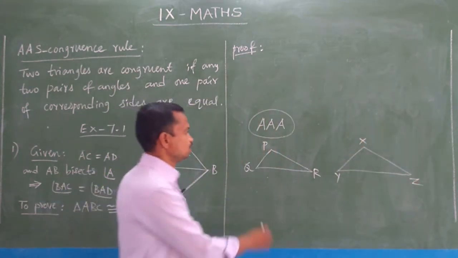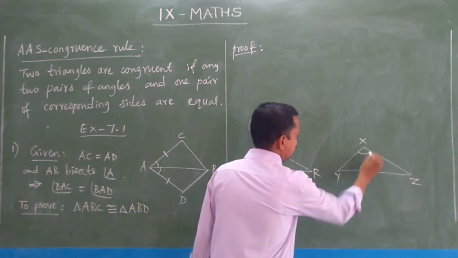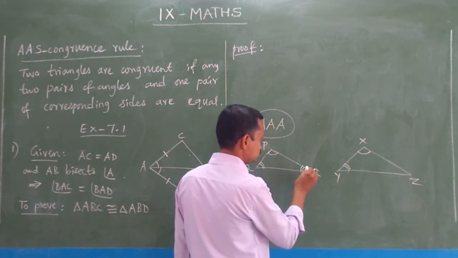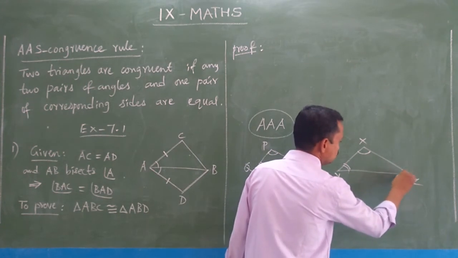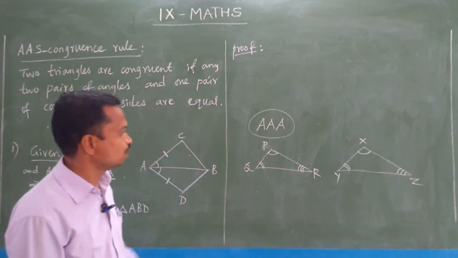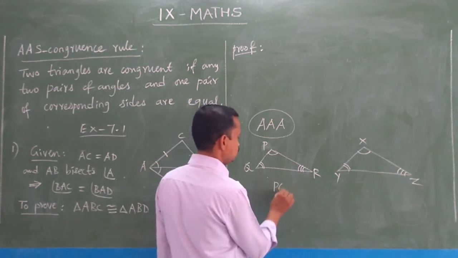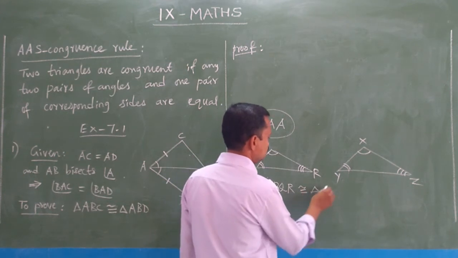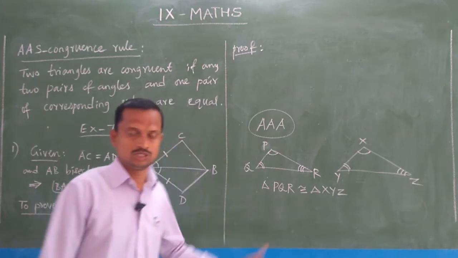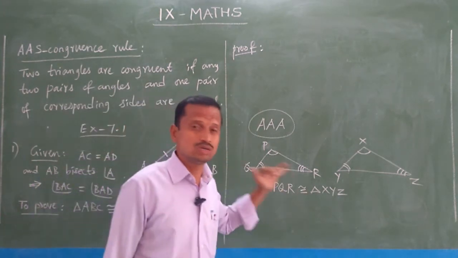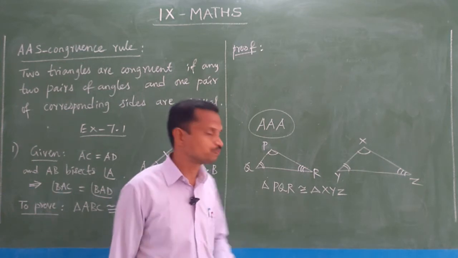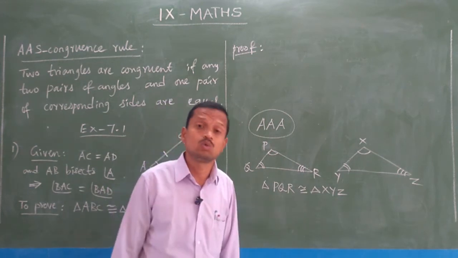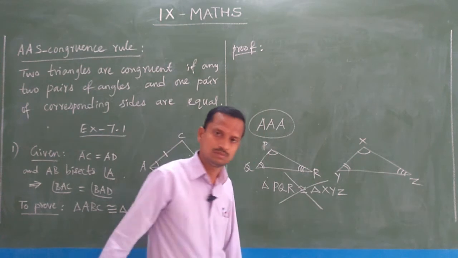Just for example, I am saying that angle P is equal to angle X, angle Q is equal to angle Y, and angle R is equal to angle Z. Now can we say triangle PQR is congruent to triangle XYZ? This is my question. This is not given to you as a congruence rule. You know why? We cannot say that if three pairs of angles are equal, the two triangles are congruent. This is wrong. Is it clear?